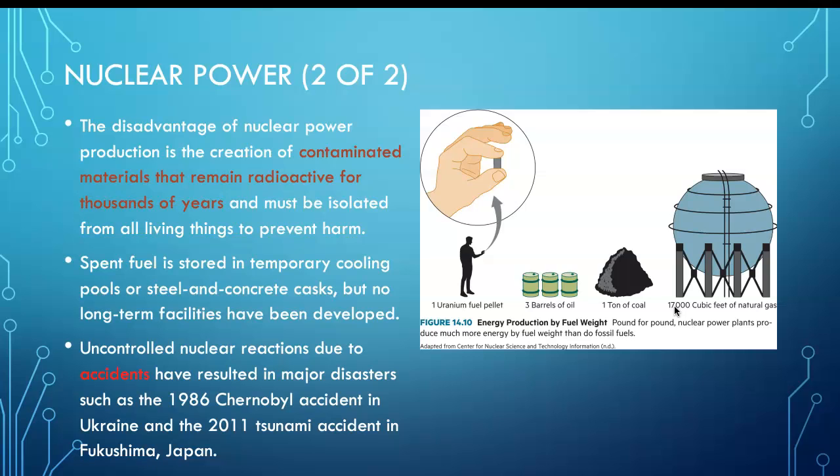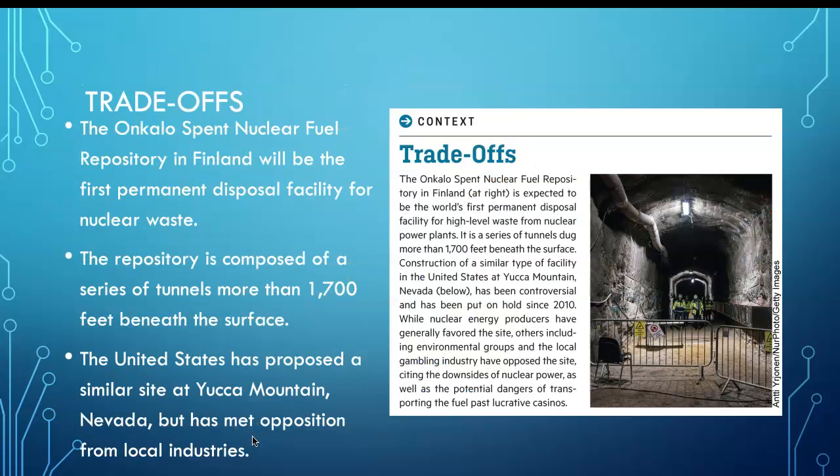That's the reason for those accidents, like the 1986 Chernobyl accident, and 2011, which was caused by a tsunami, causing the malfunctioning of the nuclear power plant, leaking of the material, and explosion. People have to build very expensive infrastructure to contain that nuclear material, and it can linger around for thousands of years.